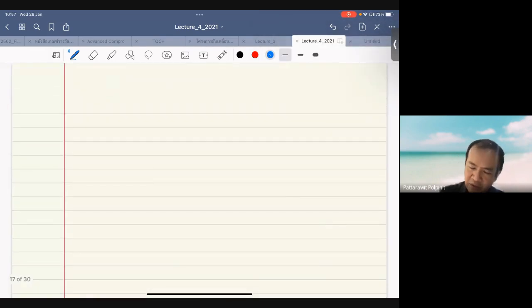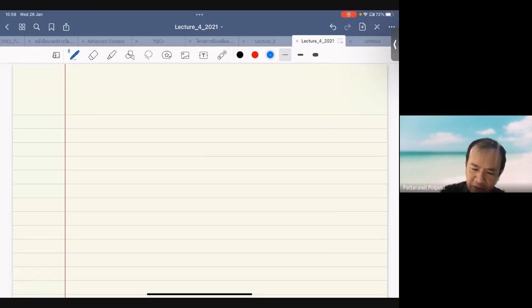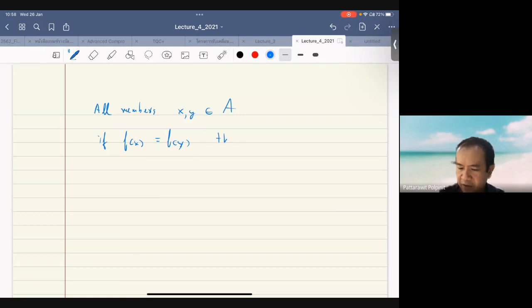The definition says that f is a one-to-one function if for all members, for example x and y in the domain set, let's say A, if f of x is equal to f of y, then x is equal to y. This is how you show that it's a one-to-one function.